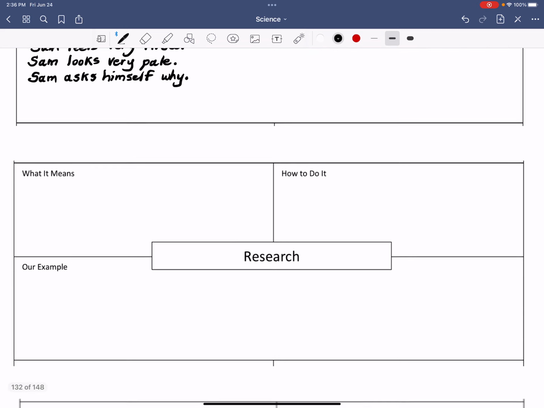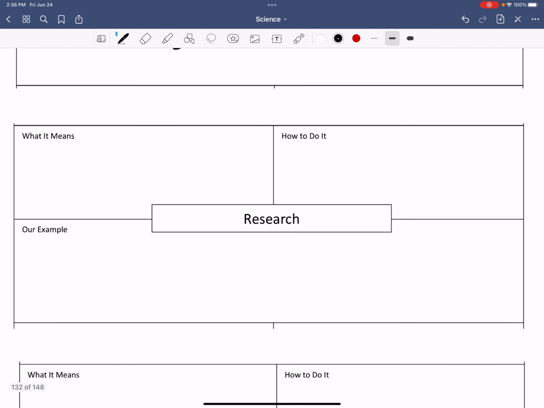The next one you want is the research piece. So what it means. What does it mean to research something? You must collect data to answer your research question.